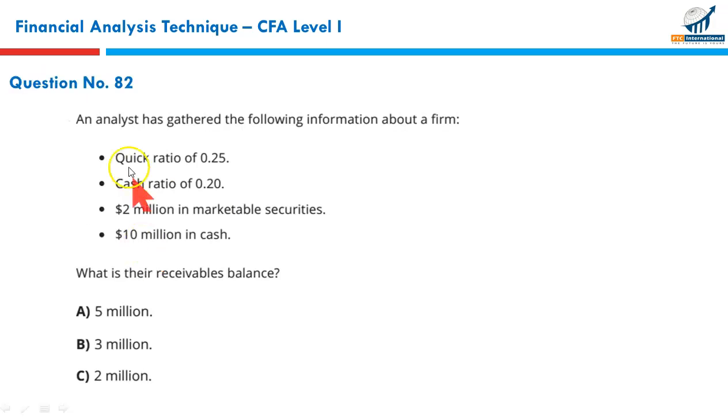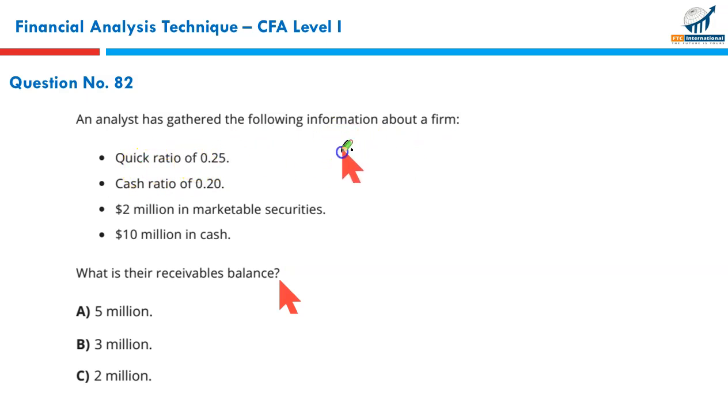An analyst has generated the following information about companies' different ratios. Quick ratio is given, cash ratio is given. We have been given the marketable securities and cash. What exactly are we required to find out? What is their receivable balance? The same mechanism that we did previously.